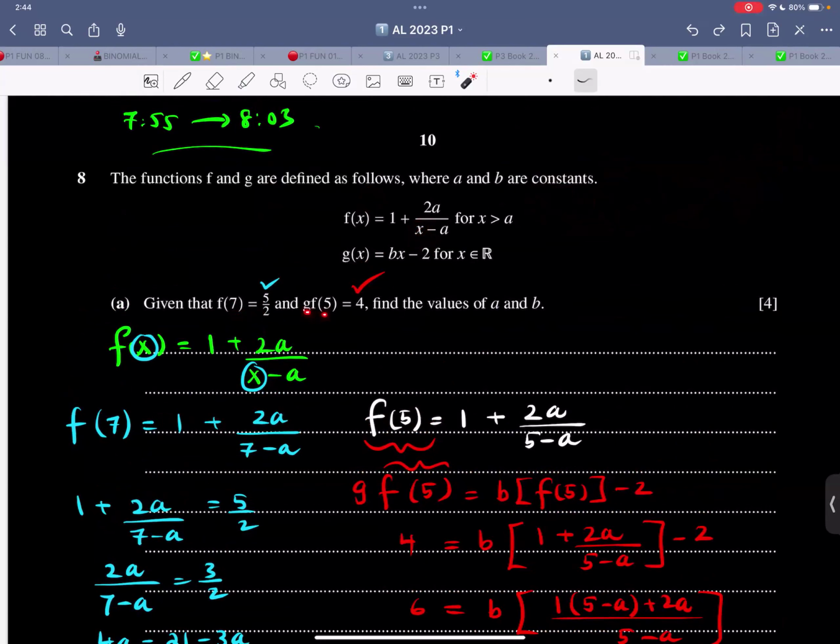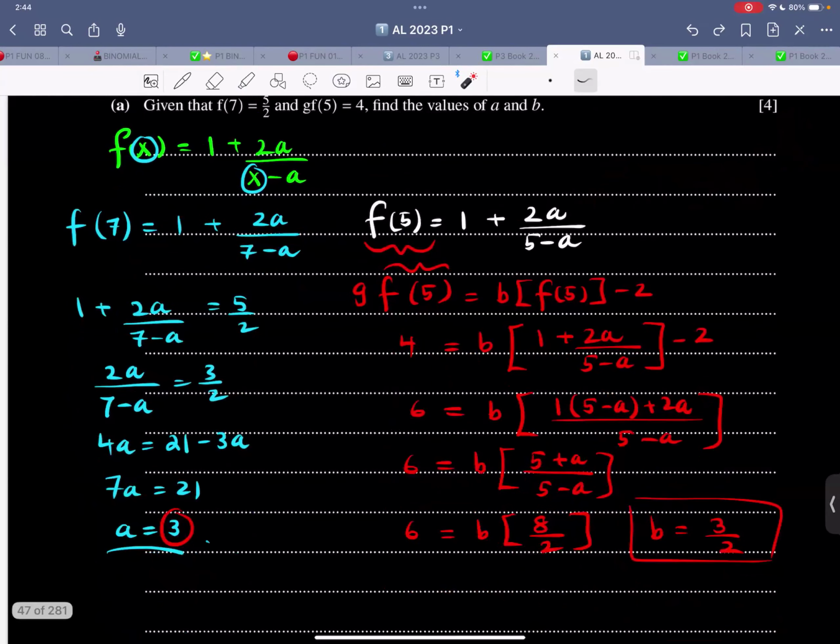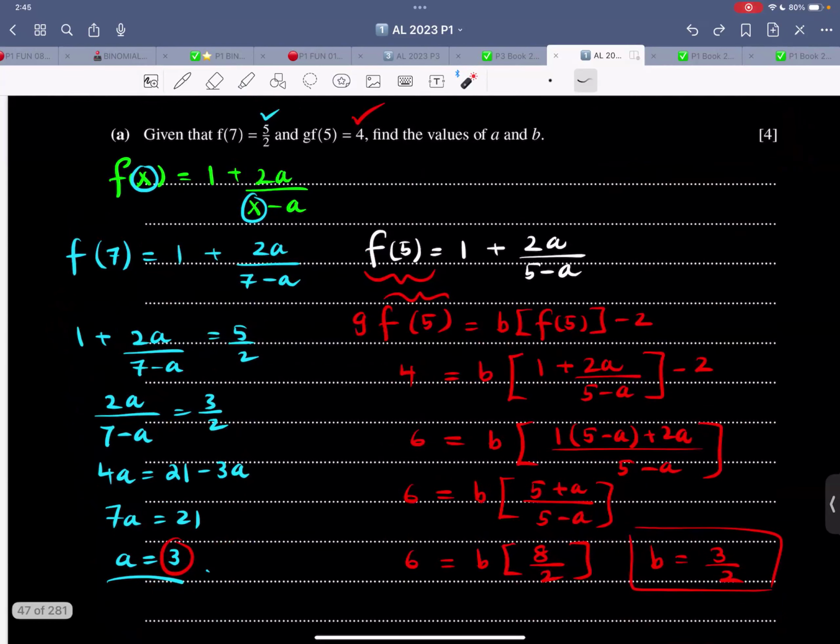Then g of f of 5. g of x is given. Plug in g of f of 5 and equate it to 4. F of 7, this is what you are getting. Simplify, you find the value of a, which is 3. Now g of f of 5. Instead of finding g of f x, what I did, let me first find f of 5.